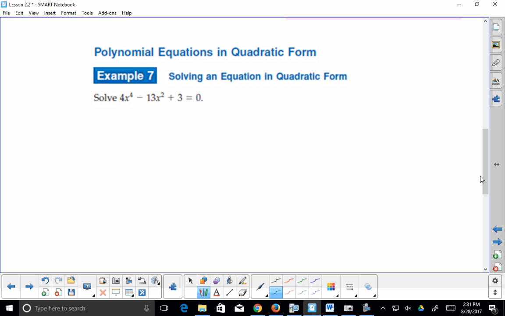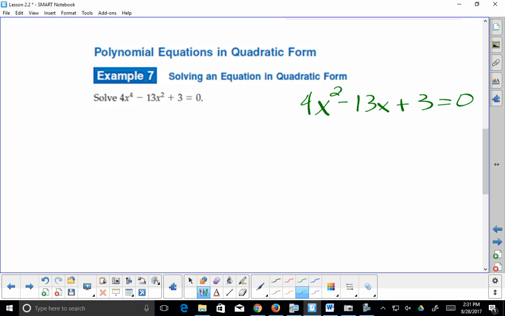Factoring when our powers are greater than 2. Right? So here we have 4x to the 4th minus 13x squared plus 3 equals 0. And we want to solve this equation by factoring. So this is the same as, for the most part.